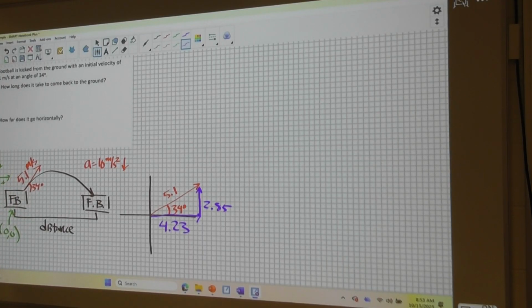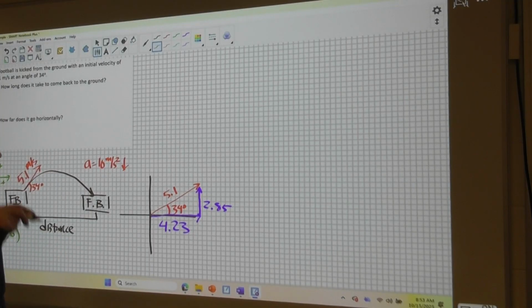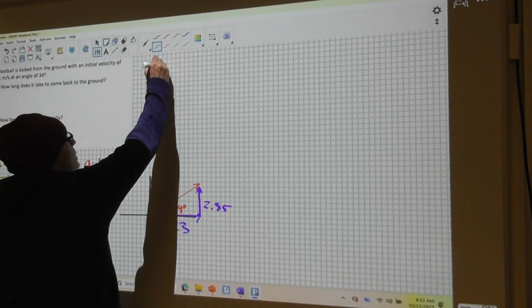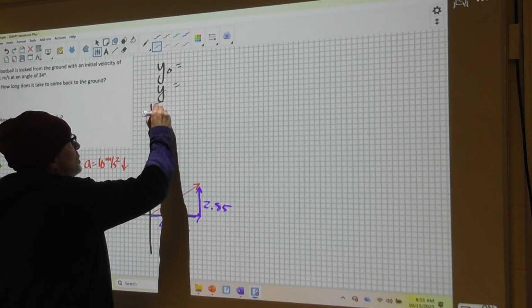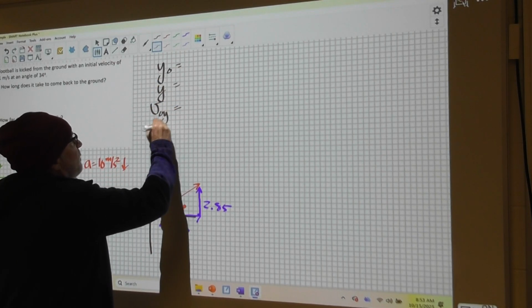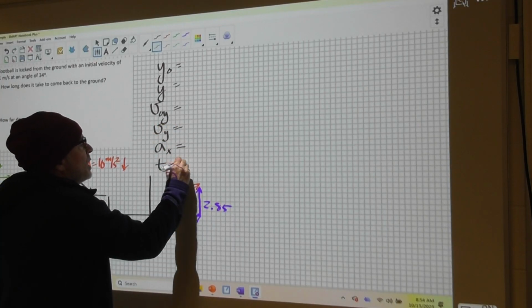That's just the vertical part of the motion. So we'll start with our y-axis variables. Initial position, final position, initial vertical speed, final vertical speed, vertical acceleration, and time.